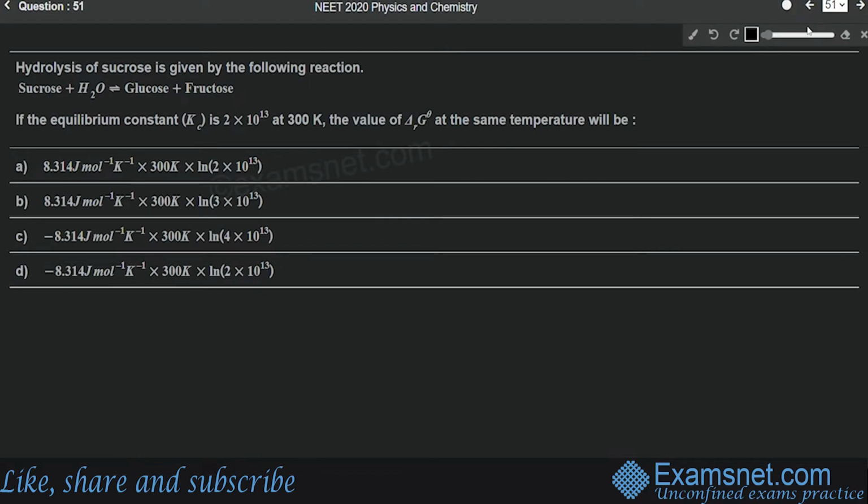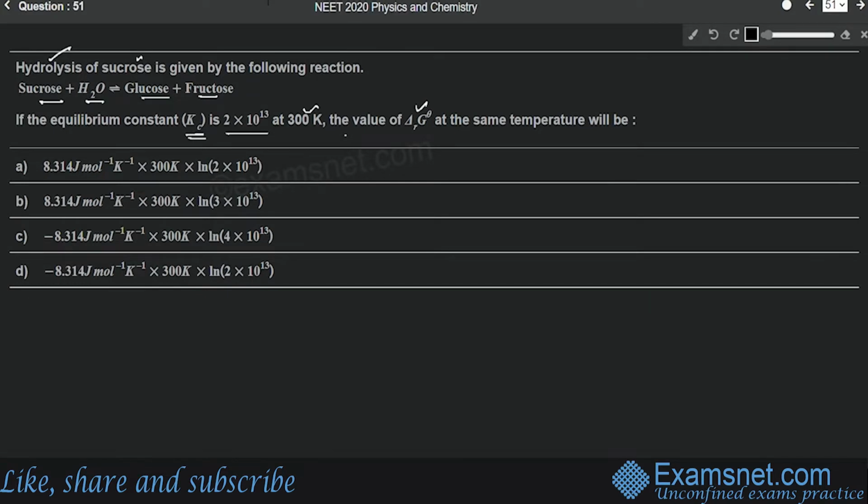Question number 51 is from the chapter Equilibrium, and the question is: hydrolysis of sucrose is given by the following reaction. So sucrose is getting hydrolyzed and we are getting glucose plus fructose. Then if the equilibrium constant Kc is 2 into 10 to the power 13 at 300 Kelvin, the value of delta G naught at the same temperature will be.